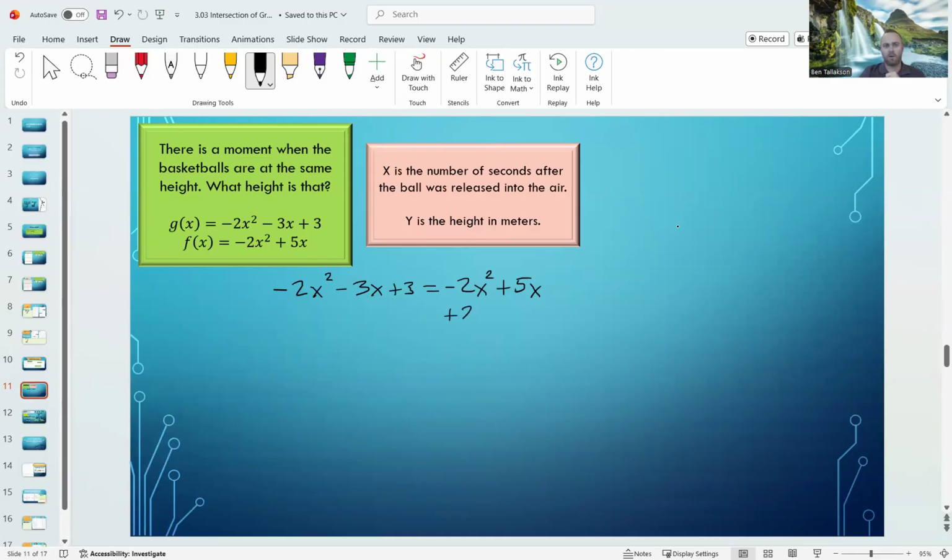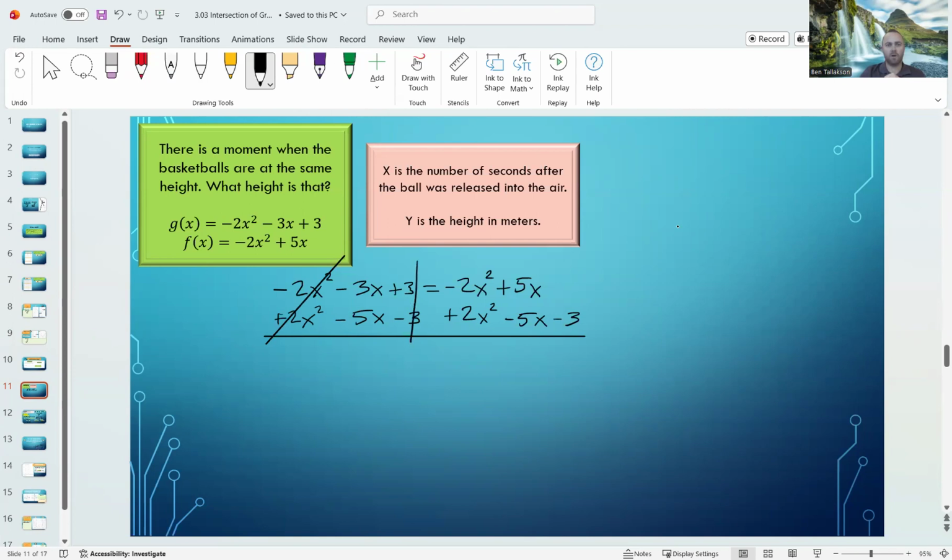Now, I know I want all my x terms together, so let's just say I want them on the left. Notice those are going to go away. Minus 5x on both sides. Okay, and then I'm going to want my constant on the other side. So let's just subtract 3. Might as well do that all at once. So these terms go away.